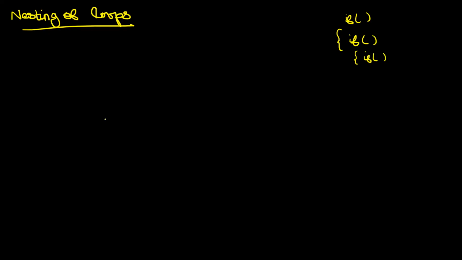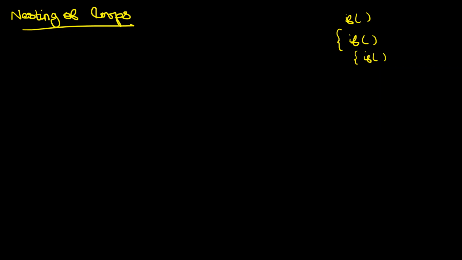Similarly, I can also perform a nesting of loops. Now, what do I mean when I say nesting of loops? Inside a for loop, you can have another for loop. Inside a for loop, you can have a while loop. Inside a while loop, you can have a for loop, and vice versa, right? For do-while loops, generally we see that nesting is not there.